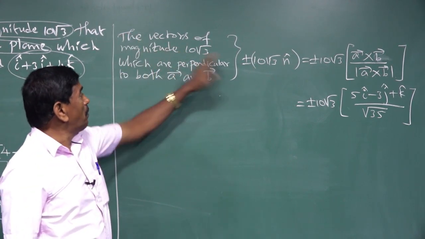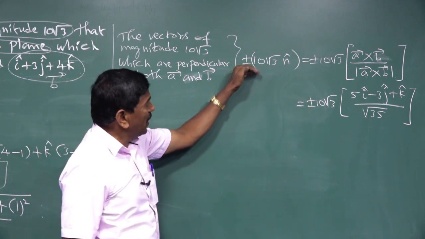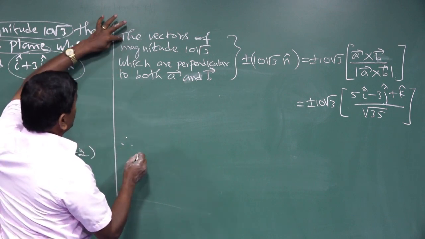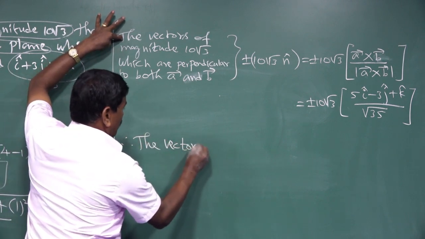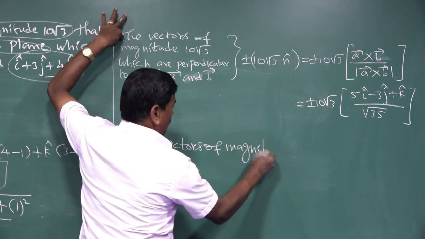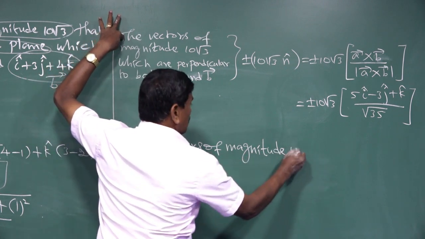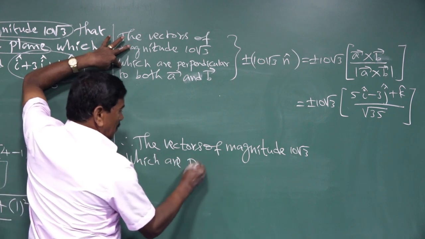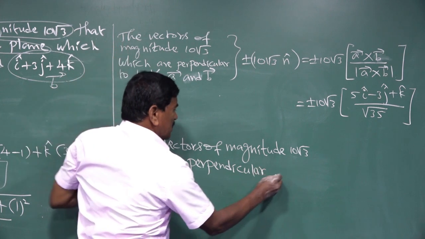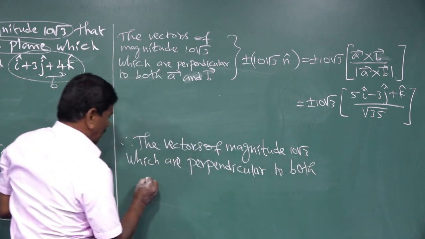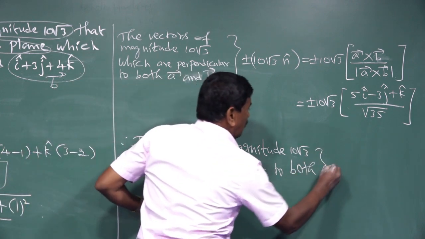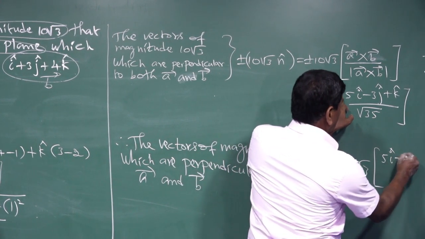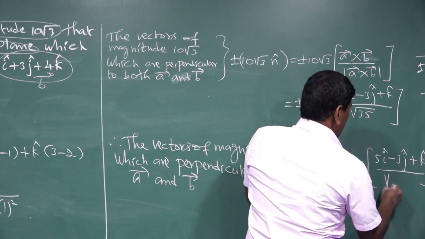The vectors of magnitude 10 root 3 which are perpendicular to both a vector and b vector is given by plus or minus 10 root 3 into 5i cap minus 3j cap plus k cap divided by square root of 35.